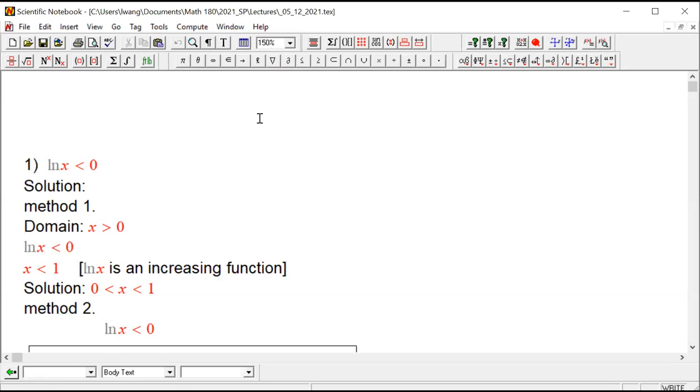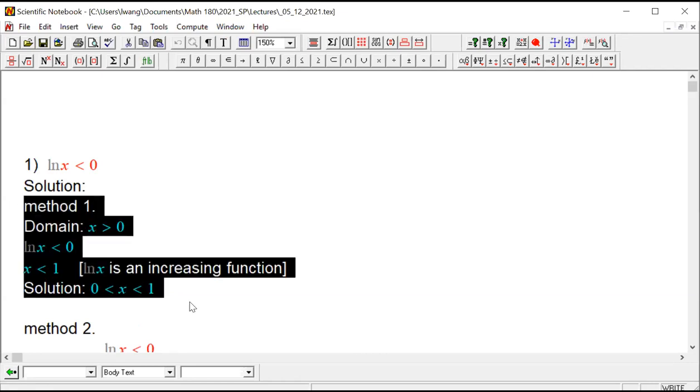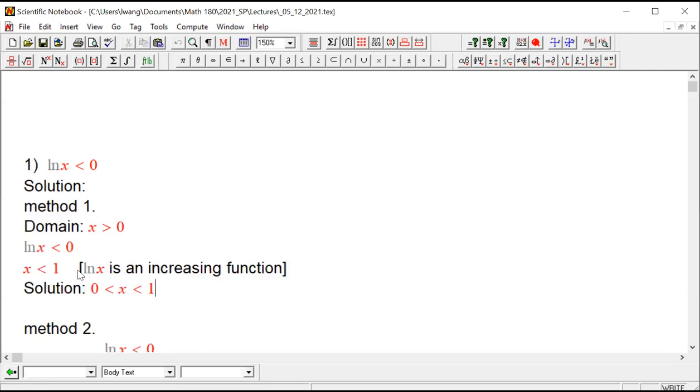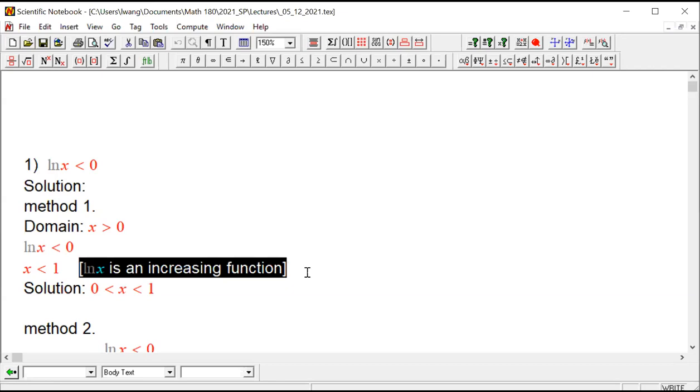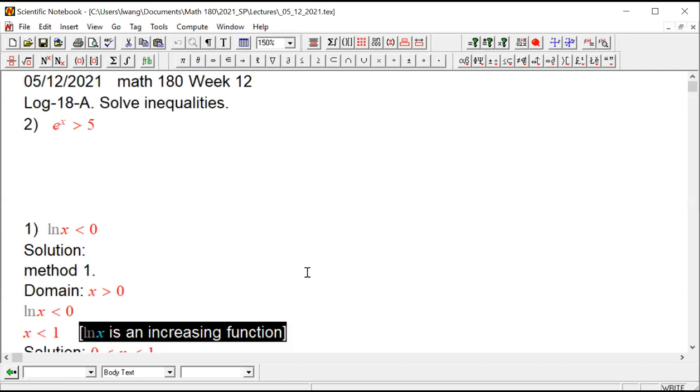You don't have to say more, you just mention this. In the first method of the first question, I put a note just to mention it's an increasing function. Got it?